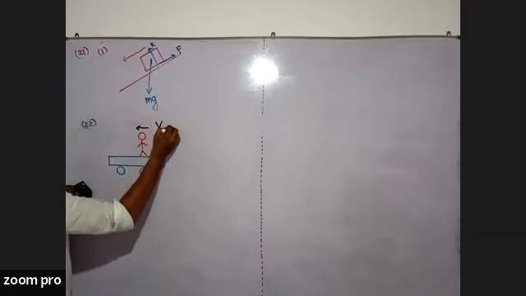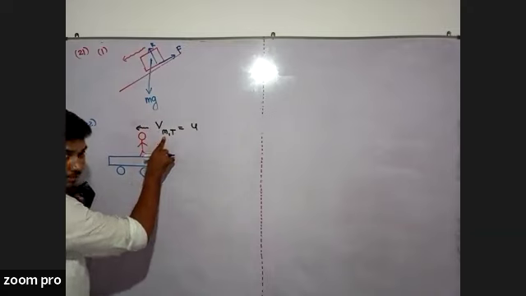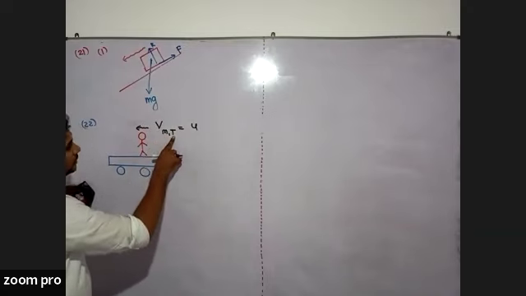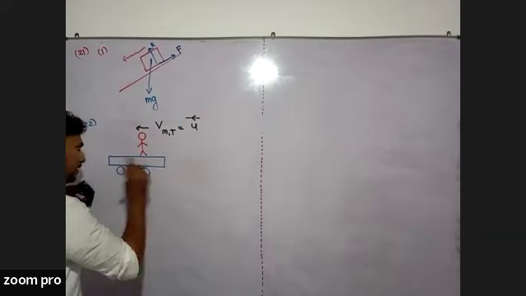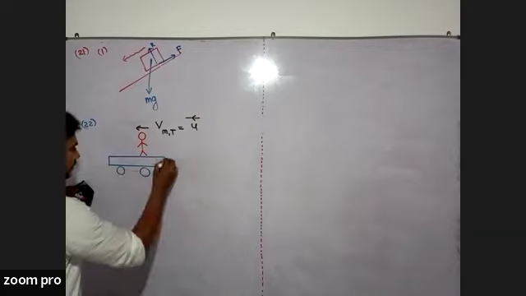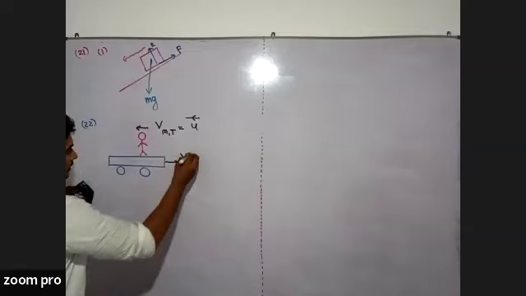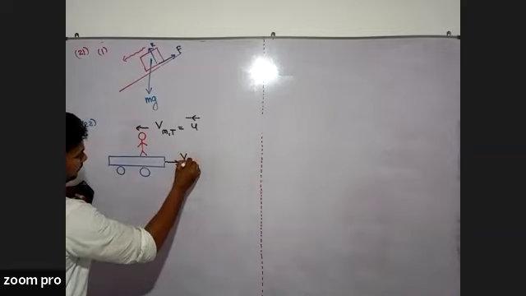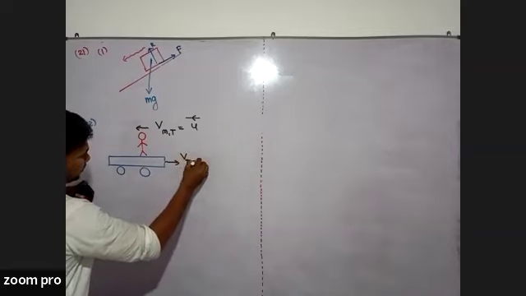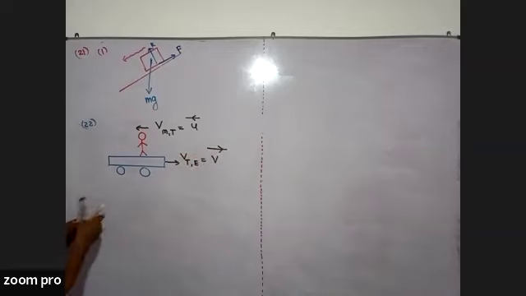But this velocity is given as the velocity of the man relative to the trolley. I mean capital M means man, T means trolley, right? So this velocity should be u towards the opposite direction. So when the man initiates the motion, this trolley starts to move towards the opposite direction, right? So according to the given data, this v is the given velocity of the trolley relative to the earth, that is v towards the opposite direction, right?